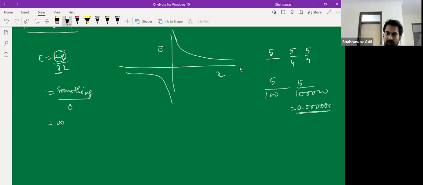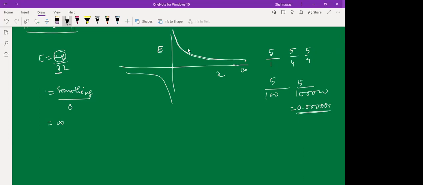Let's say I move to infinity. This electric field will decrease and then go to zero. On the y-axis we have the electric field, so this point shows that it will reach zero. Is this part clear, everyone?